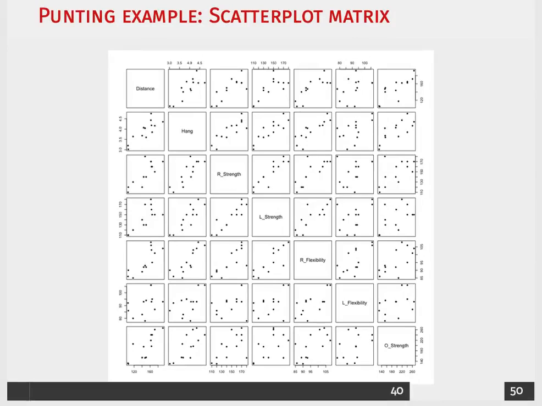Now, to begin, let's just take a look at the bivariate correlations and scatter plots of all of our predictors and outcome. And like I said, we can definitely see that many of these are highly correlated with each other, right? So hang time is clearly highly correlated with both right leg and left leg strength, as well as overall strength.